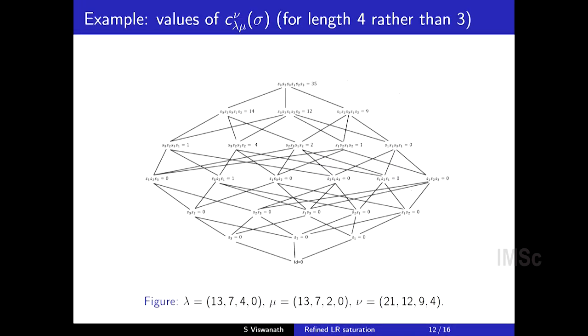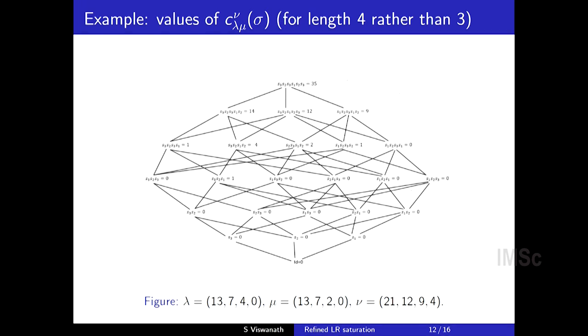If you did not do the hexagon, it is a little bit more interesting. So now I'm going to length 4. The hexagon is like 6 permutations of the numbers 1, 2, 3. Now I have 24 permutations of the numbers 1, 2, 3, 4. So there are actually 24 points in this figure. Okay, and this is again the same thing, C lambda mu nu of sigma, as sigma varies over the 24 permutations of 1, 2, 3 and 4.